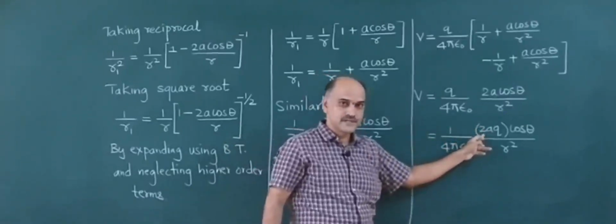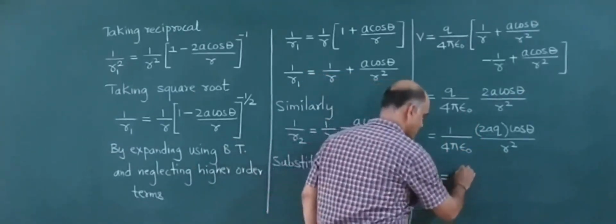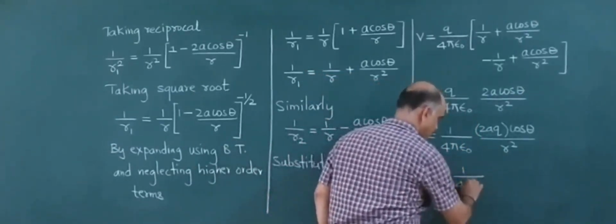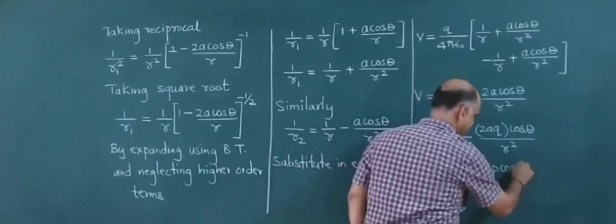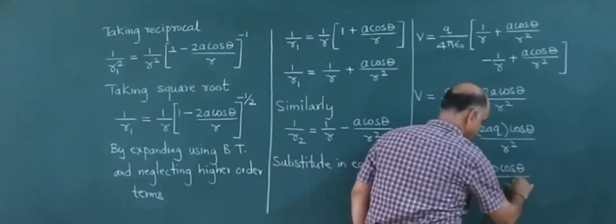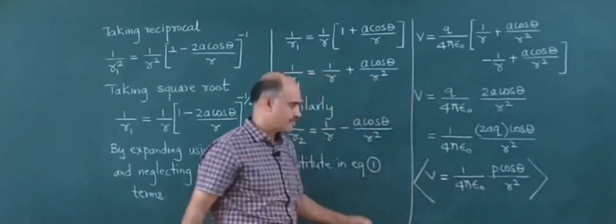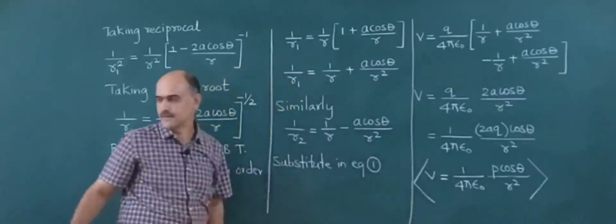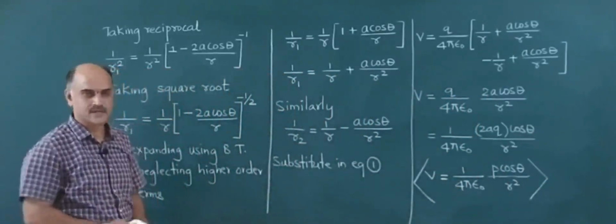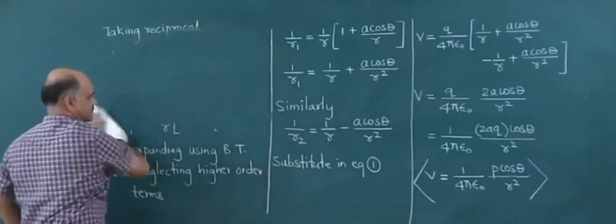Dipole moment is denoted by P. So you will have V is equal to 1 by 4 pi epsilon naught P cos theta divided by R square. So this is the expression for potential due to dipole.